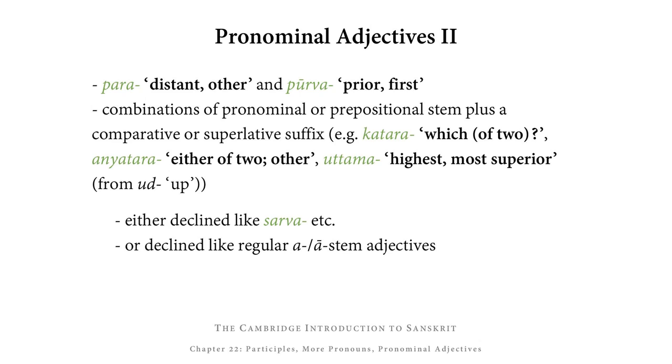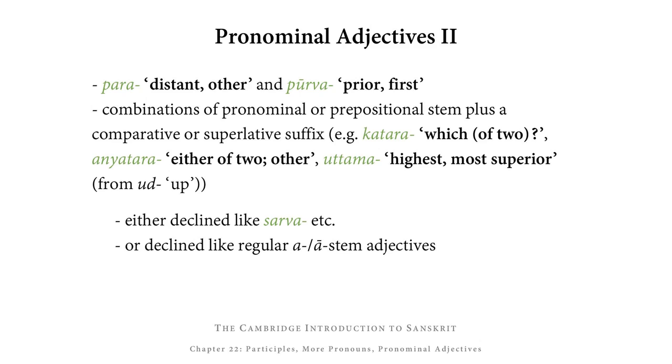Then, on top of what we just saw, we have another couple of forms that are declined either just like sarva, so just like the pronominal adjectives you were introduced to a second ago, or they are declined just like regular a, short a, long a stem adjectives, so just like priyach, priya, priyam. And these are para, meaning distant or other, purva, meaning prior or first, and a variety of combinations of either pronominal or prepositional stems plus a comparative or superlative suffix.